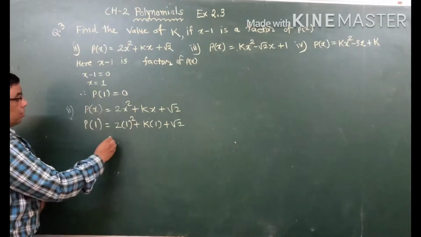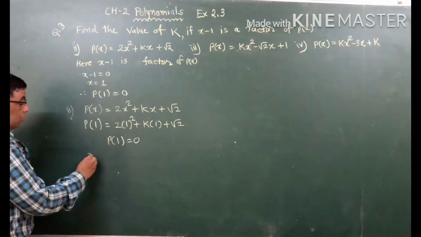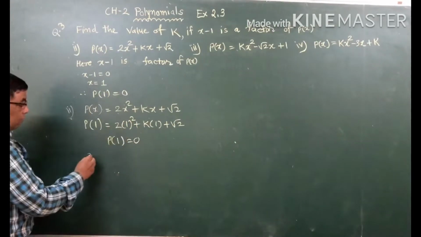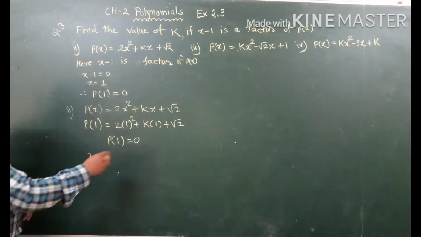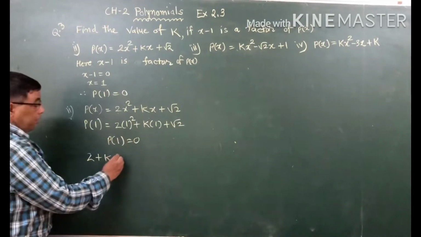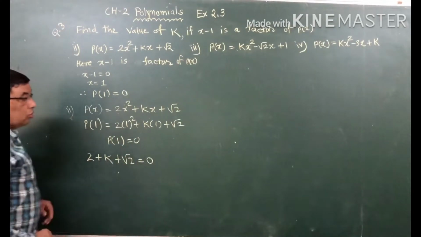But p of 1 equals 0. 1 square is 1, so 2, k into 1 which is k, and plus root 2 is equal to 0.